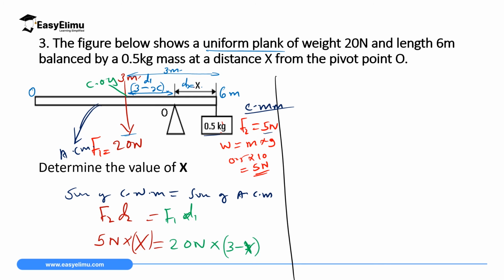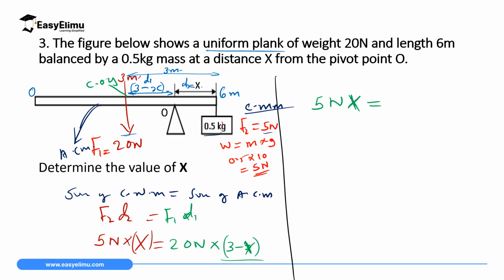Solving the left hand side, it's 5 Newton x. This is not a multiplication sign, it's an x. On the right hand side, we have 20 Newton.